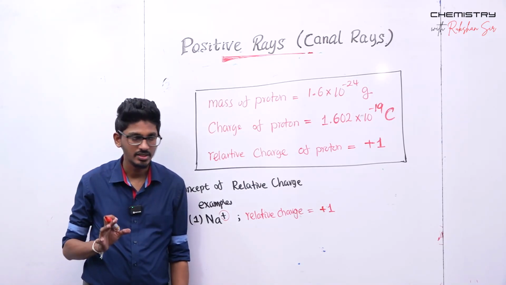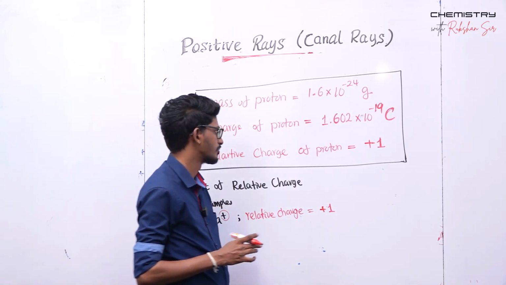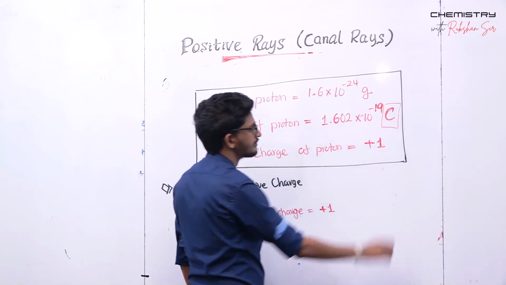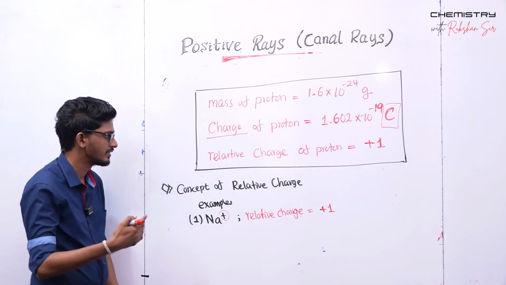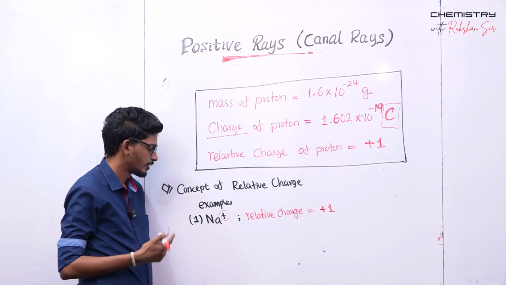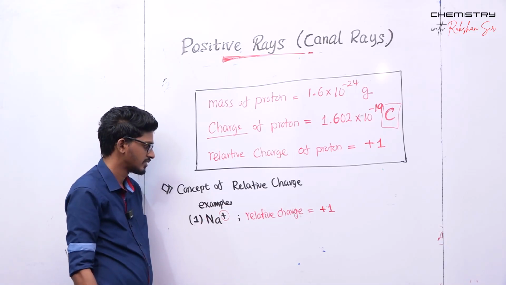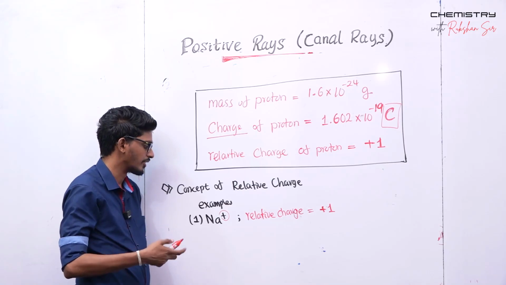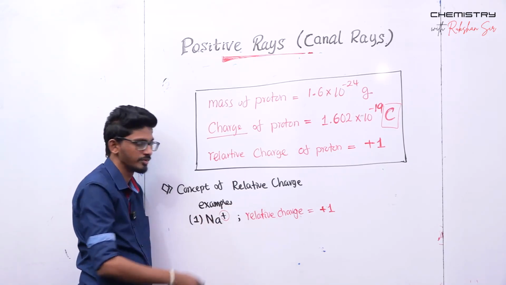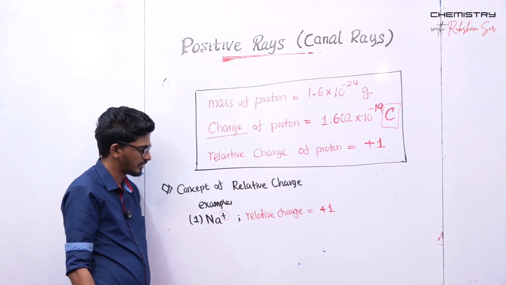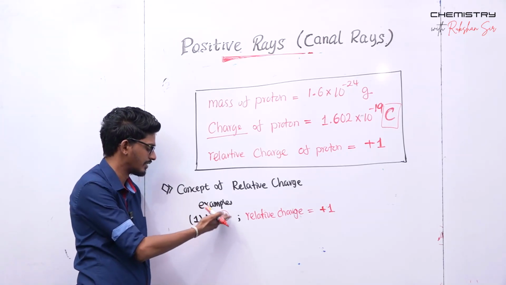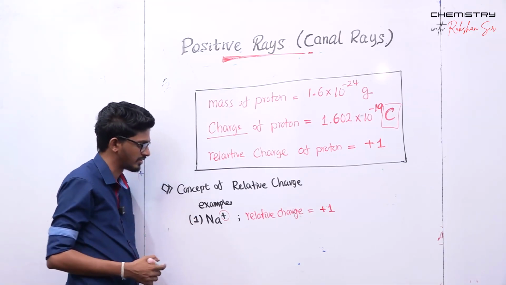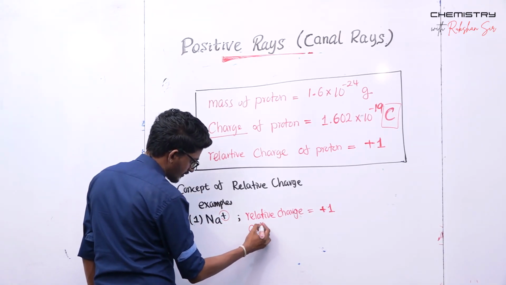The SI unit of charge is coulombs. If you need to come up with the actual charge, it should be mentioned in coulombs. What we usually refer to as charge is a relative charge. Remember that. So what is the actual charge then?